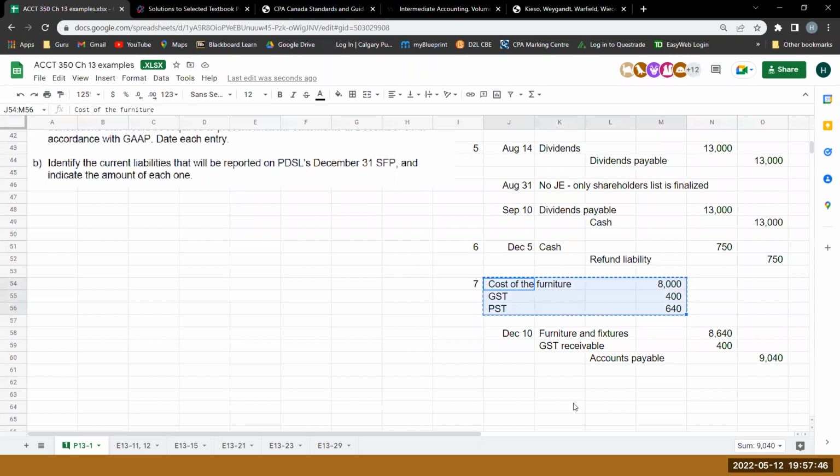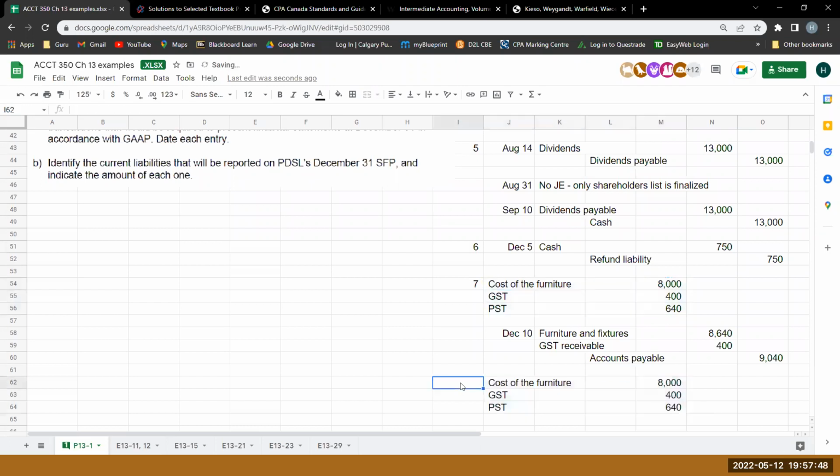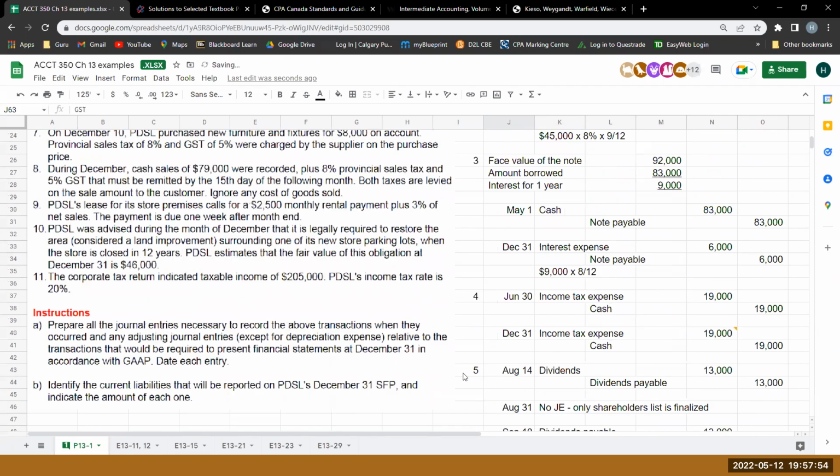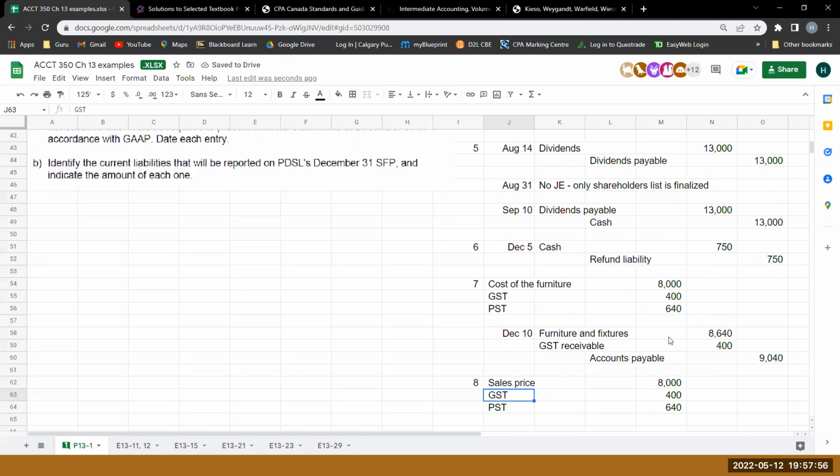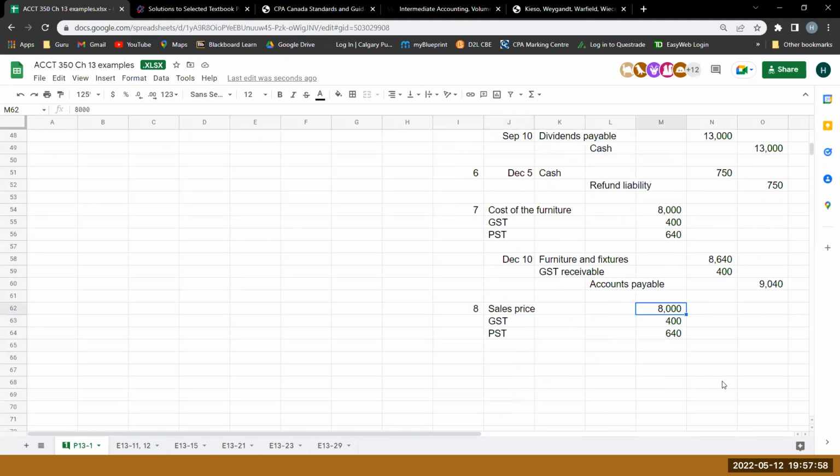So the base sale price is 79,000. GST at 5% works out to 3,950, and the provincial sales tax at 8% works out to 6,320.